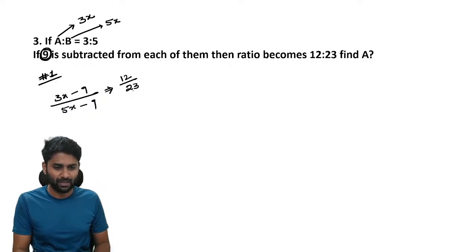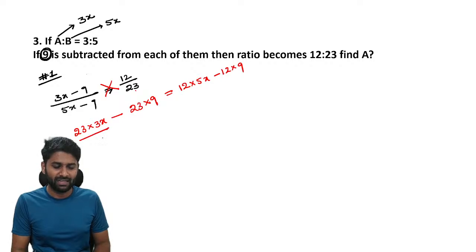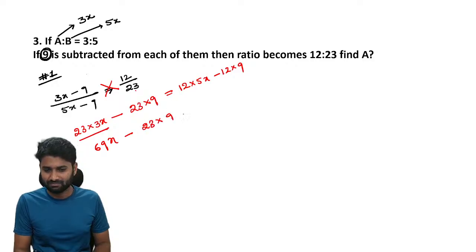Cross multiply them. 23 into 3x minus 9 is equal to 12 into 5x minus 9. Now 23 into 3 is 69x minus 23 into 9, equals 60x minus 12 into 9.